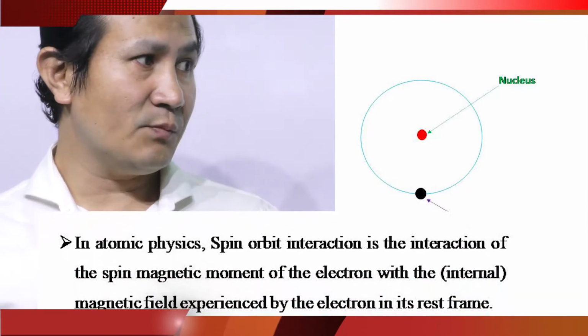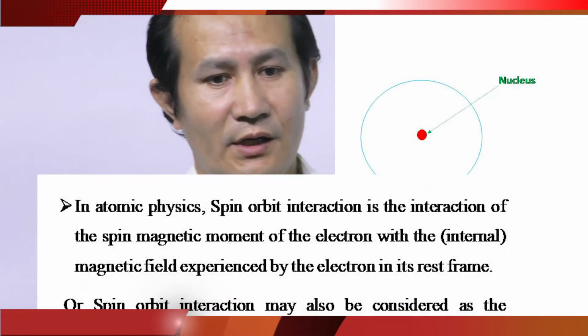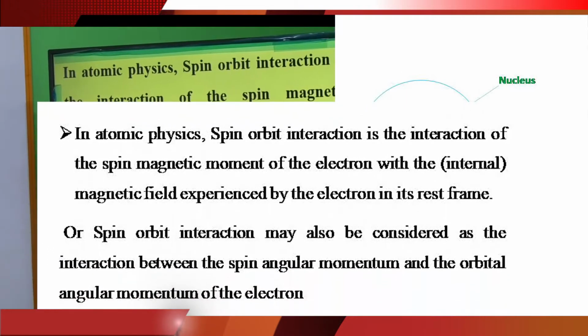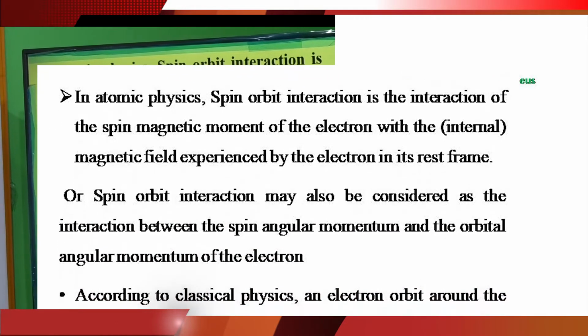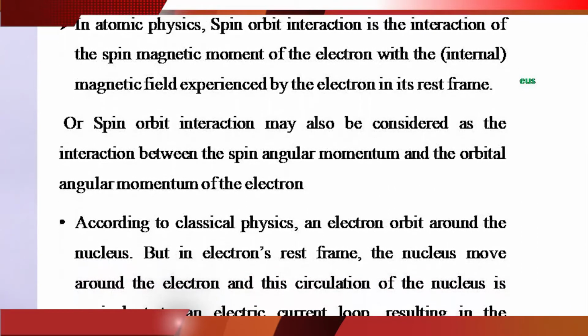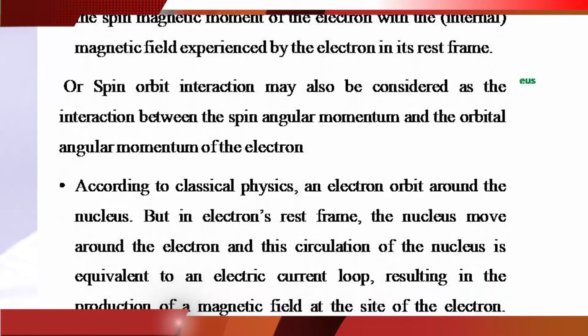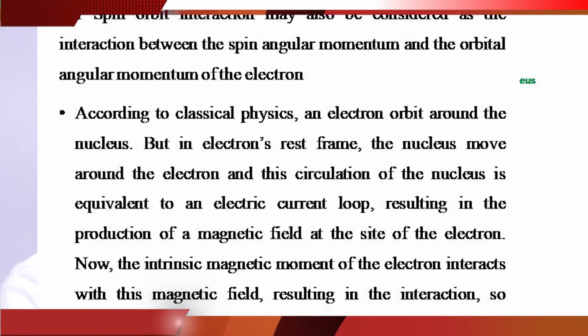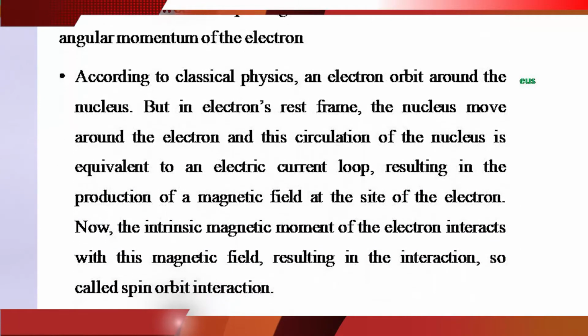In order to understand this spin-orbit interaction, we'll look at it in the atomic physics concept, because the same term spin-orbit interaction also occurs in nuclear physics. But in atomic physics, you get a more relevant physical picture.